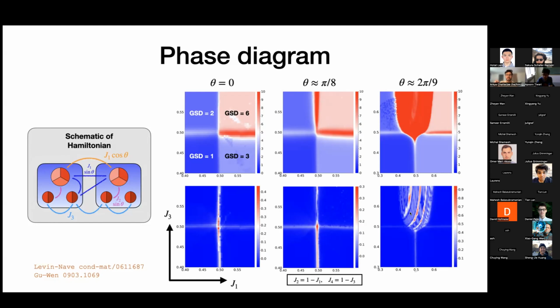But it turns out that number has a coefficient, which is the velocity of the gapless mode, which depends sensitively on the lattice parameters like J1, J3, and so on. So that velocity changes throughout that region, presumably. And so extracting the central charge is tricky because you don't know what that velocity is.